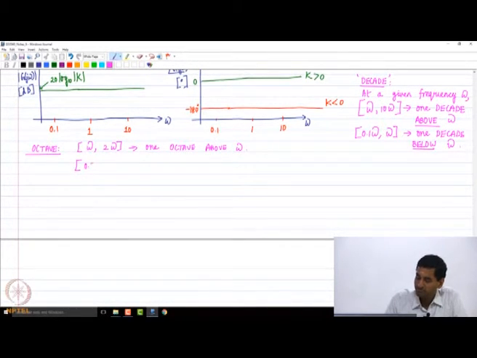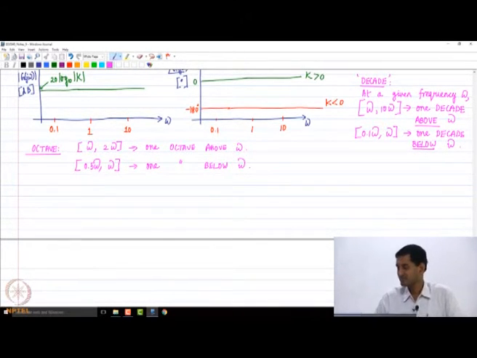Similarly, from 0.5 omega to omega is what is called 1 octave below omega. So these are terms which are typically used. That's a decade and an octave.